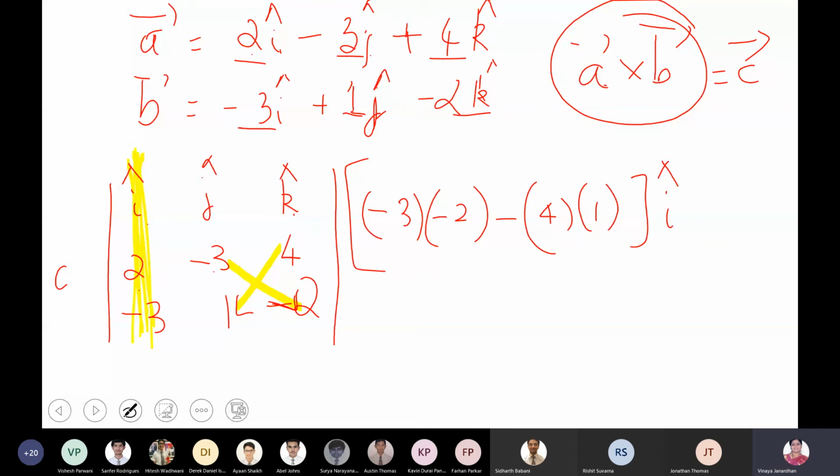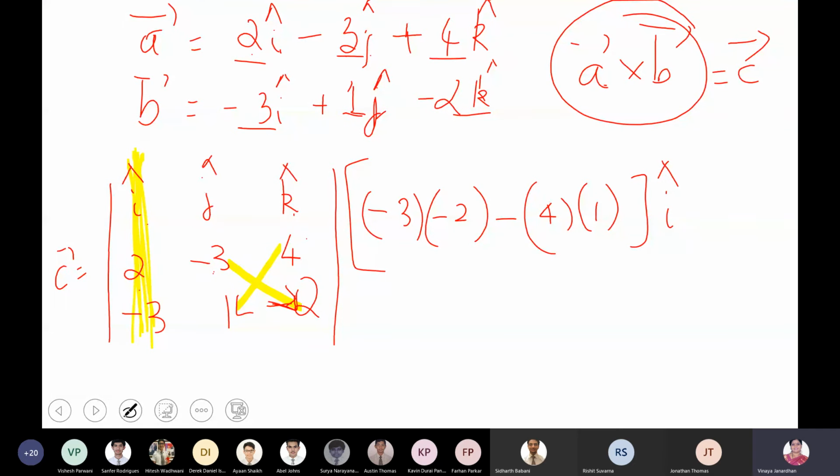Your aim is to find what is C vector, right, boys? I should not see the elements which are below I cap. I have to go for J cap and K cap. So right here I have minus 3 into minus 2 minus of 4 into 1. So this is for I cap.